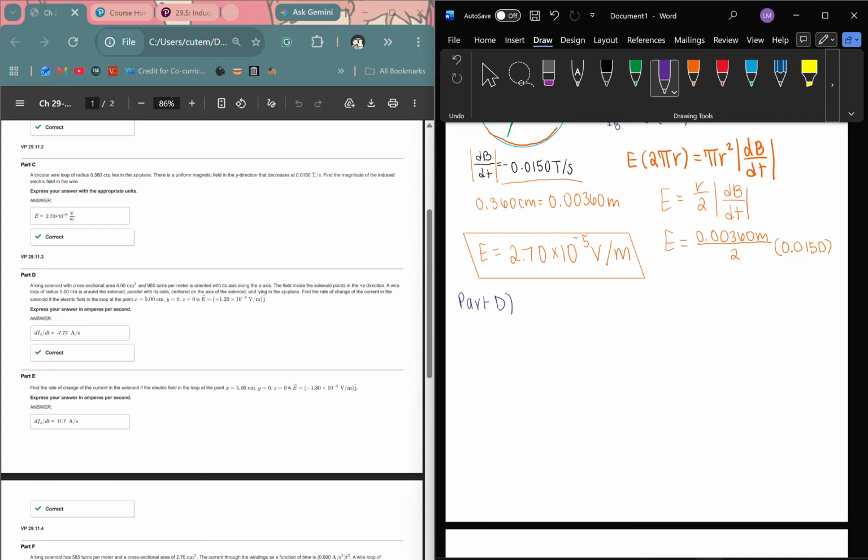Find the rate of change of the current in the solenoid if the electric field in the loop at the point x equals 5 centimeters, y equals 0, z equals 0, is positive 1.20 times 10 to the power negative 5 volts per meter.